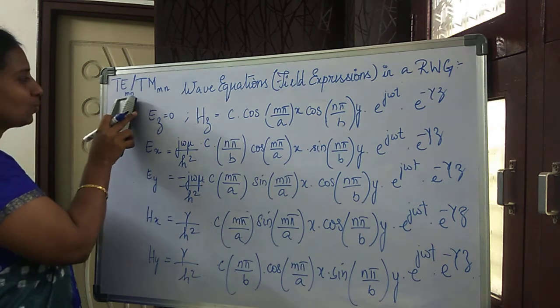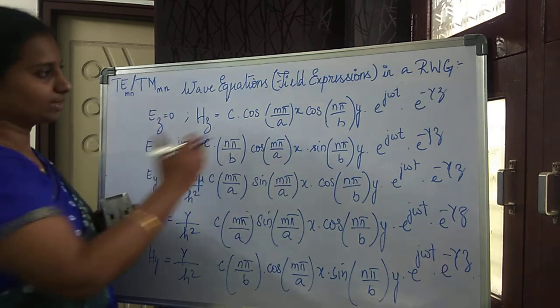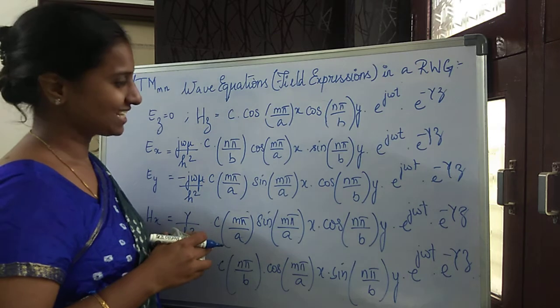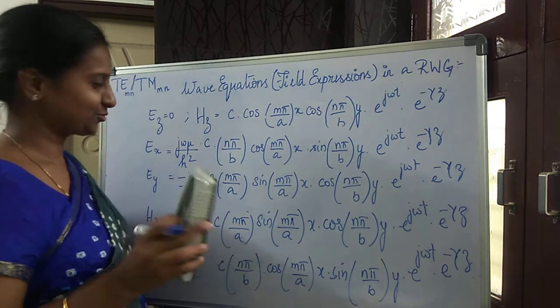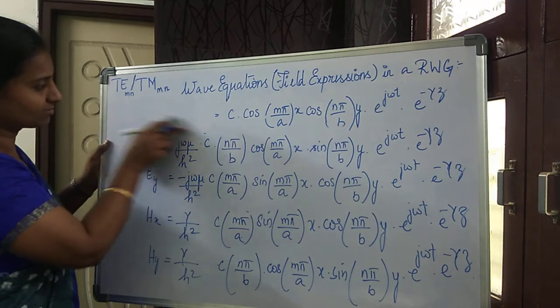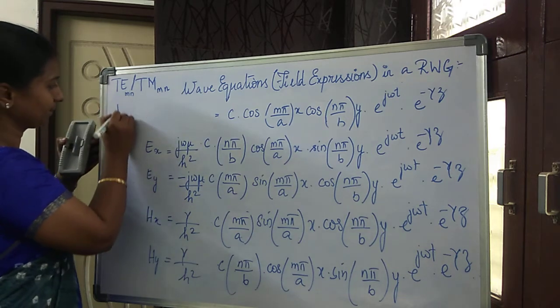Okay. So what is this M and what is this N? I have already explained this in the previous class. If you don't remember, don't worry, I will tell you now. I have to rub this for explanation.